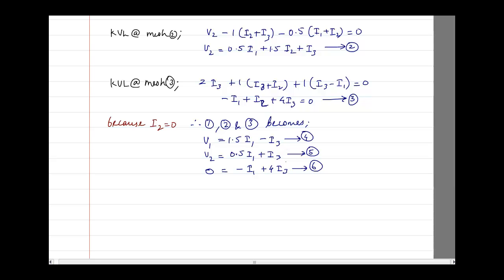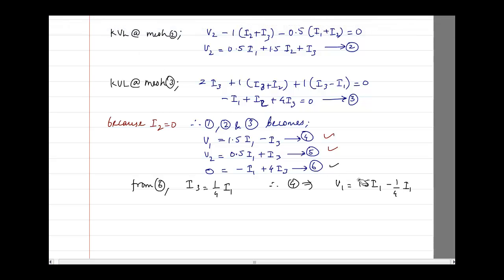So if that is the case, then all I have to do is substitute. In the fourth and fifth equations, I3 is the extra term that we can get from 6. So from 6, we can say that I3 is equal to 1 by 4 I1. Correct? Therefore, equation 4: V1 is equal to 1.5 I1 minus I3, so minus 1 by 4 I1. We know 1.5 can be written as 3 by 2.